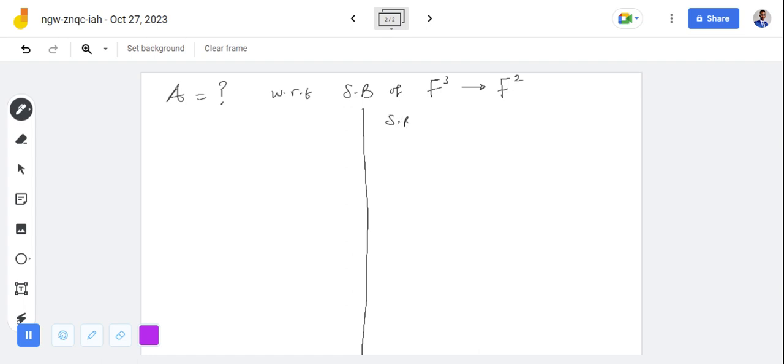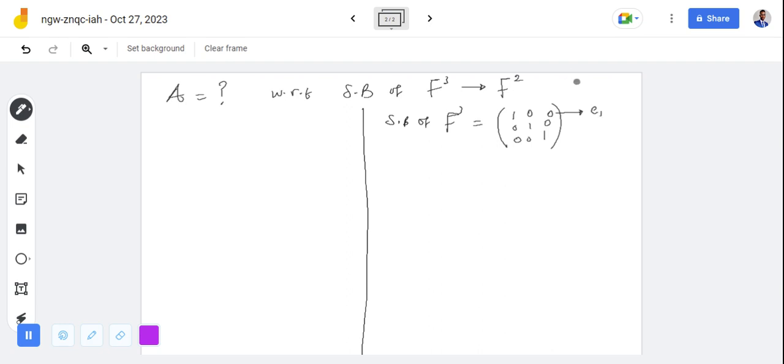Okay, a standard basis of F3 is actually equal to 1 1 1 0 0 0 0 0 0, right? It is a 3 by 3 identity matrix, right? Please take note, the first row here is always our small letter E1.